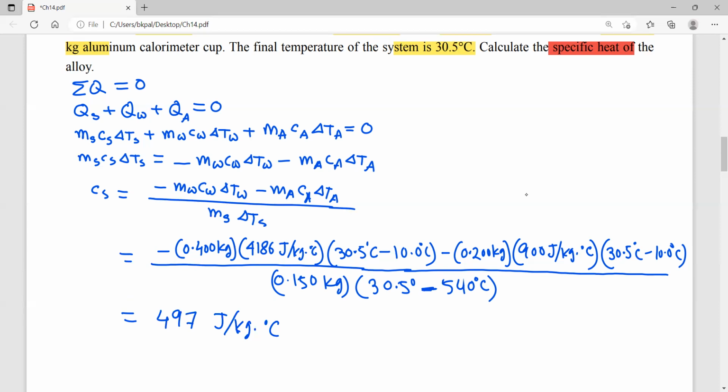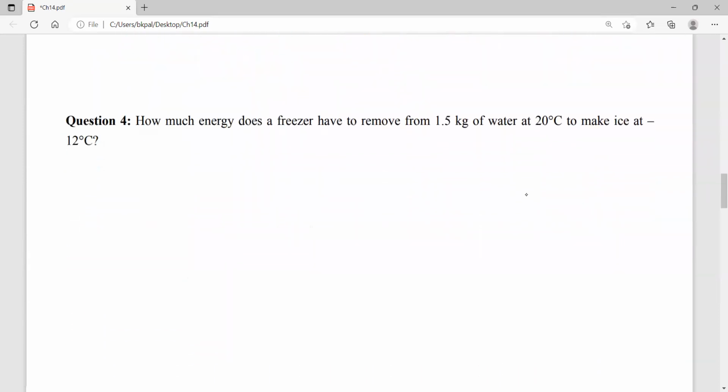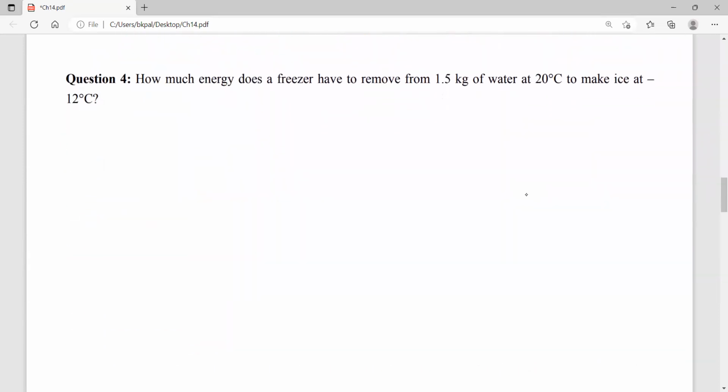All right, let's move on. This problem is also similar to the last one. Here we have: how much energy does a freezer have to remove from 1 kilogram of water at 20 degrees Celsius to make it ice at 12 degrees Celsius?